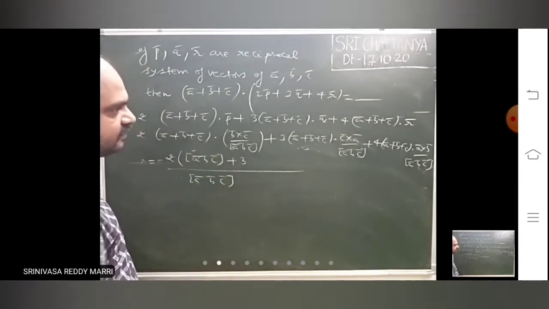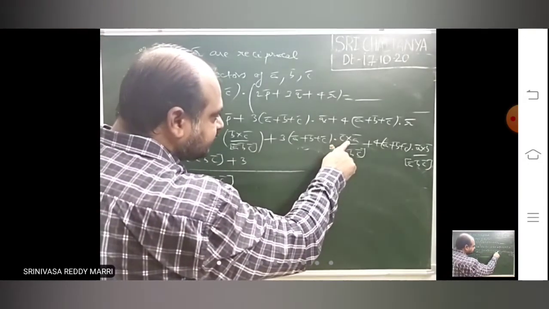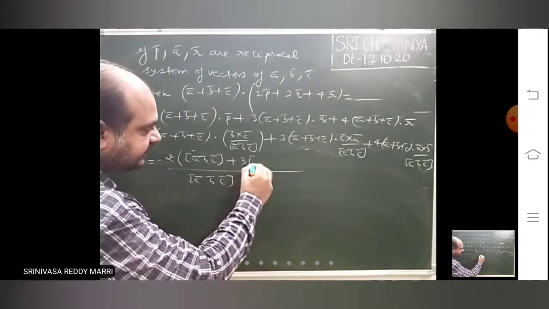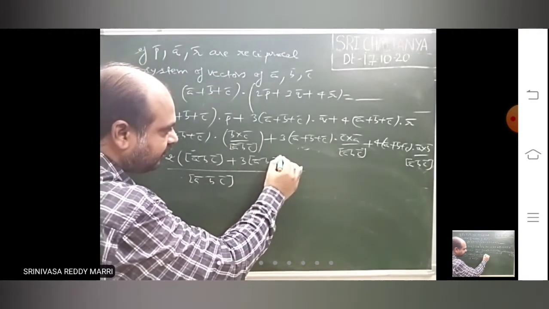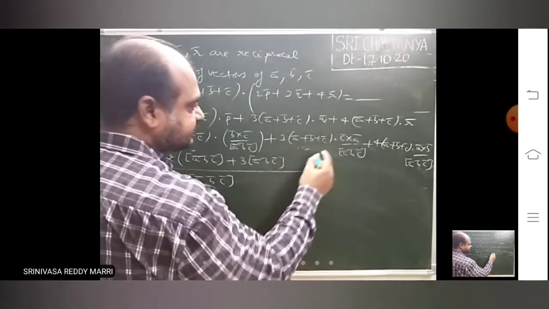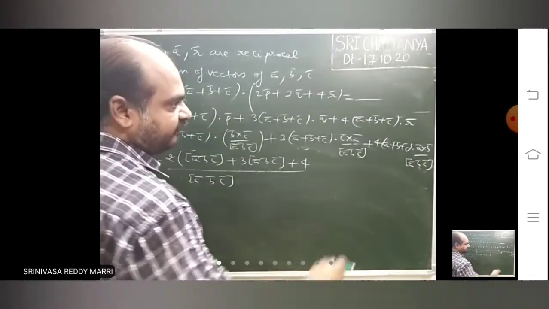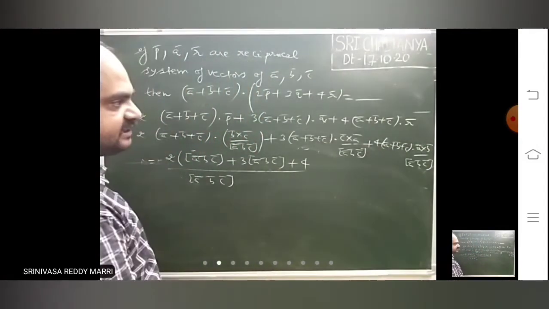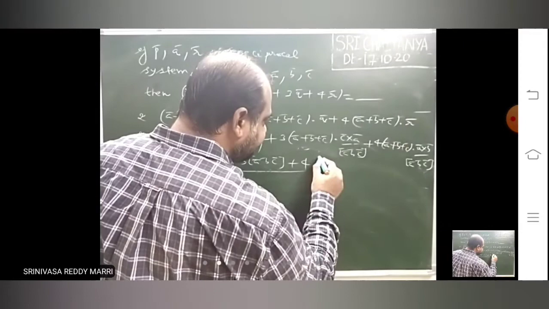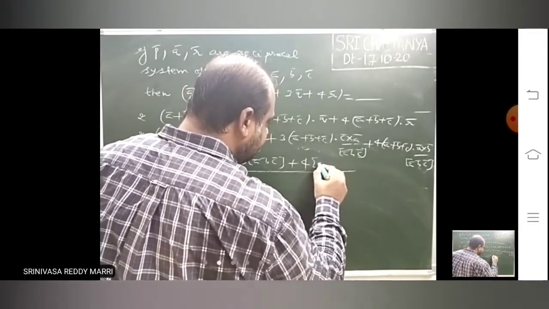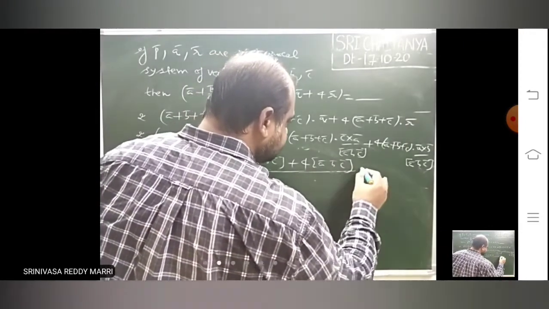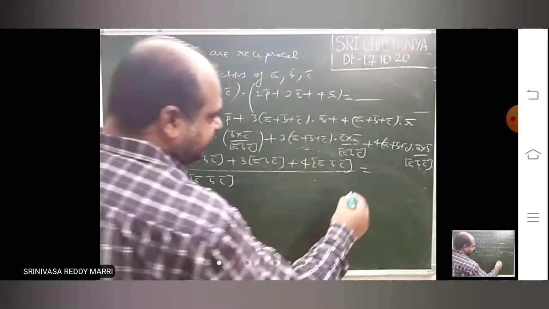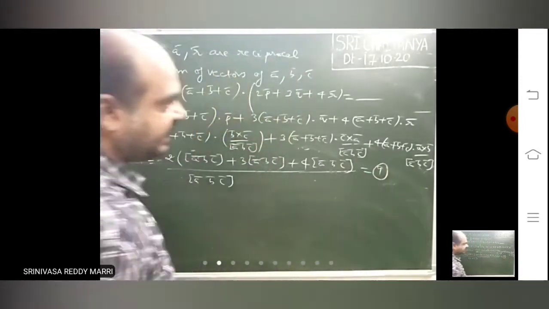Then you will get 3 into A dot C cross A, 0. B dot C cross A is nothing but box BCA, so that is also box ABC. C dot C cross A is 0. 4 into A dot A cross B is 0. B dot A cross B is 0. And C dot A cross B is nothing but box CAB, that means this is box ABC. So therefore 9 box ABC divided by box ABC. The answer is 9.